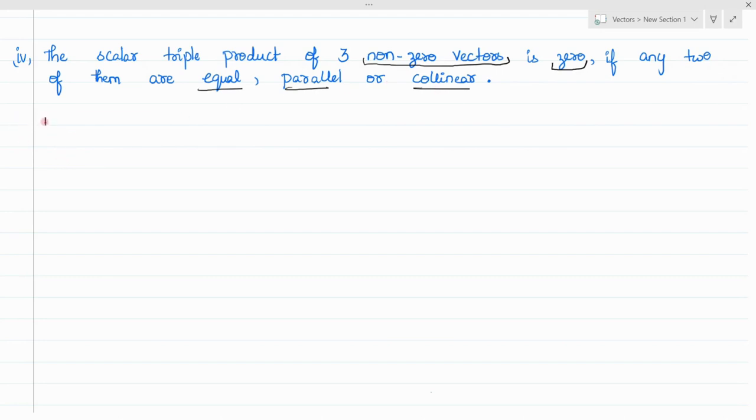Like if B vector is equal to C vector, then the box product of ABC becomes A, B, and C also becomes B because C and B are equal, and this becomes zero. Why? Because according to the properties of determinant, if two rows are identical, then the determinant is going to be zero.